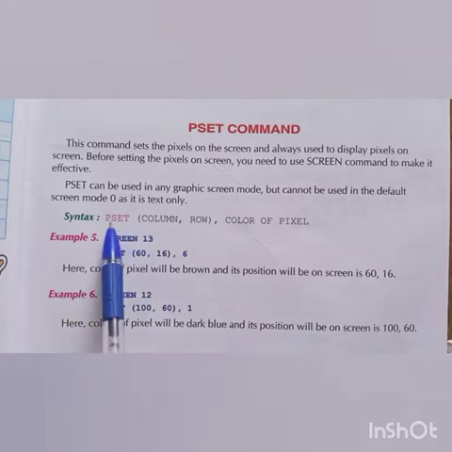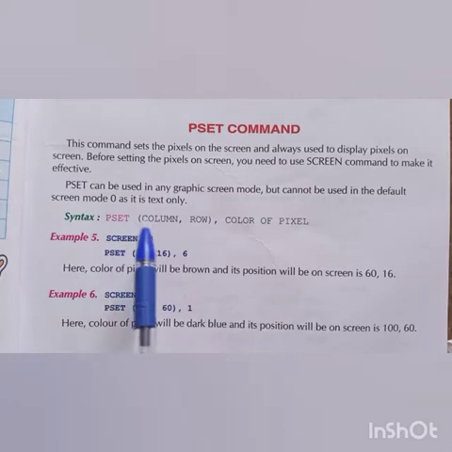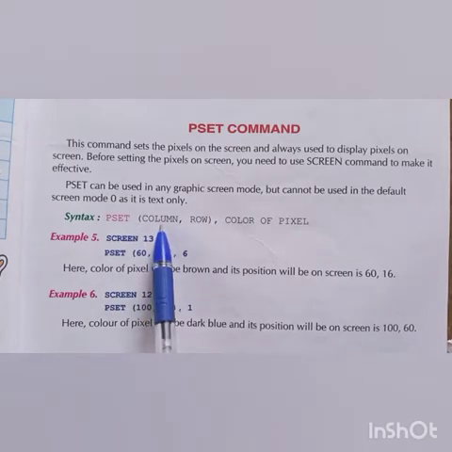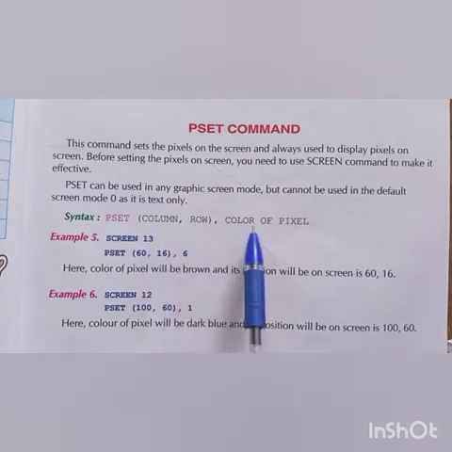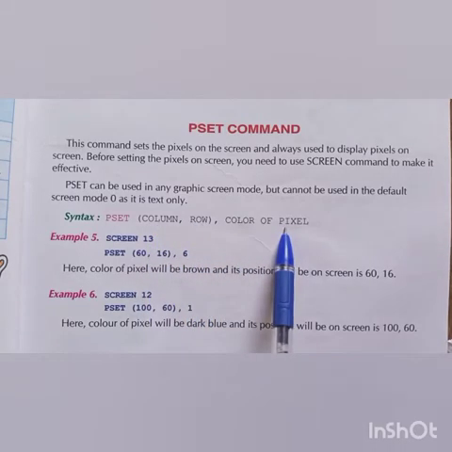We write the PSET command, then we give the column where the first pixel will begin and the row where the first pixel will begin, because we have already discussed that pixels are arranged in columns and rows. After this we give the color of the pixel, the color of the drawing which we are going to have on the screen.